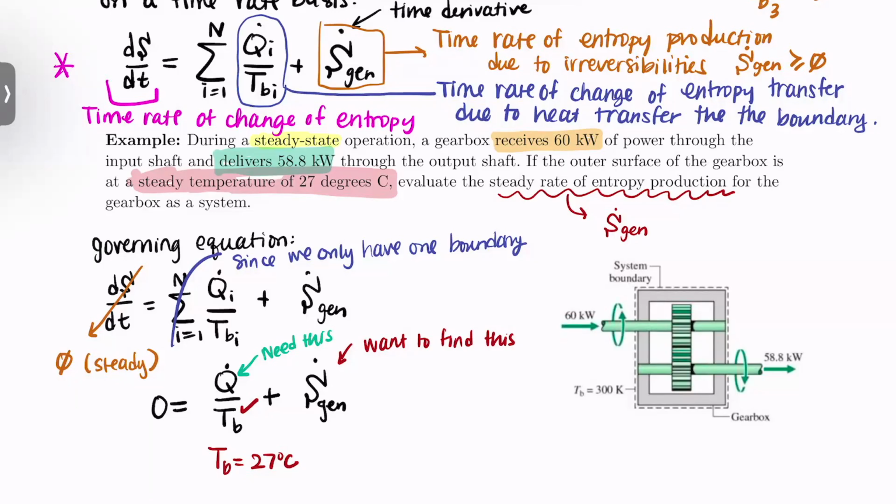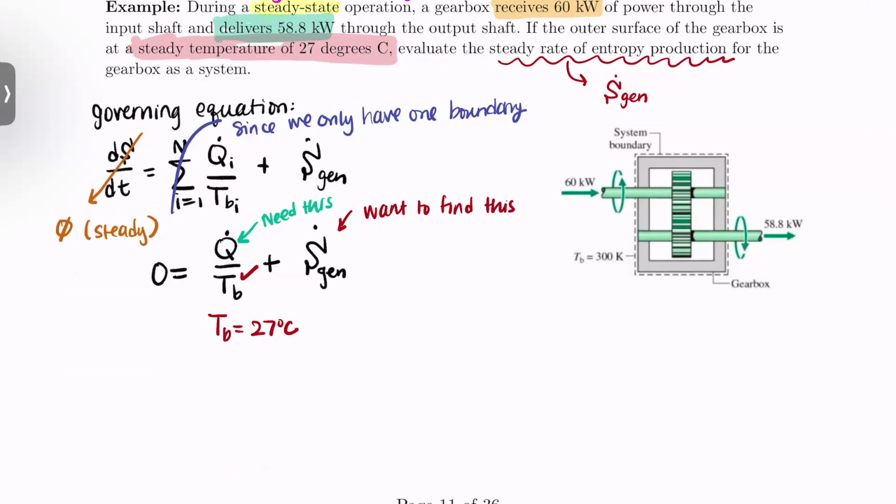I would suggest conservation of energy. To find Q dot, we can use conservation of energy.